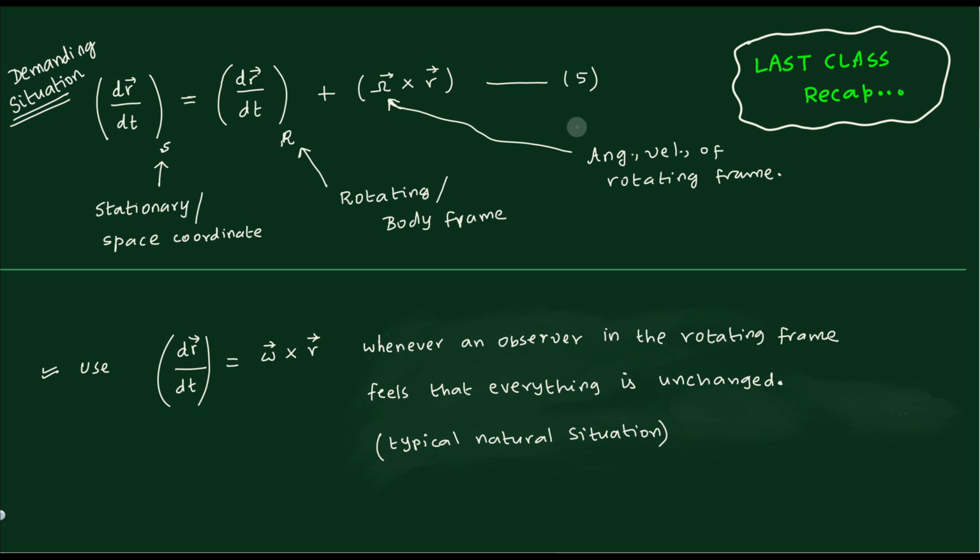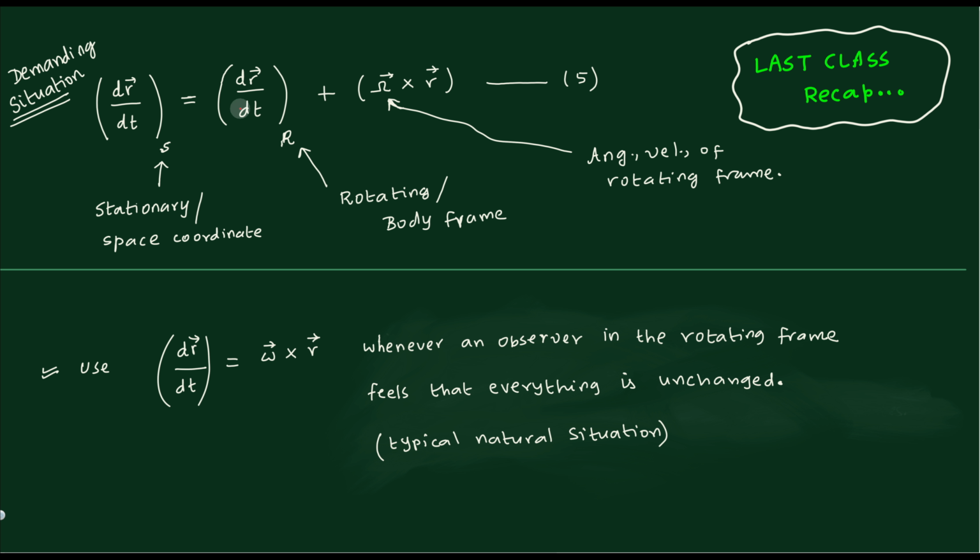So now that you have seen the coordinate systems and you know what the actual scenario is, the understanding is very easy. The observer who is sitting in the stationary frame of reference, that is the meaning. The observer sitting in the stationary frame of reference will write down in his note the value of dr by dt will be equal to capital omega cross R plus, capital omega you already know what it is, that is the quantity.